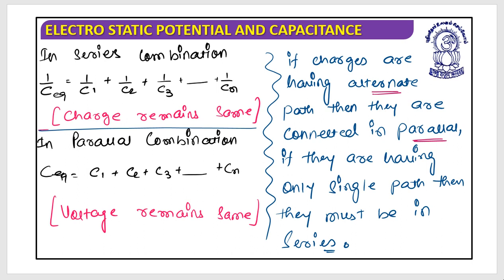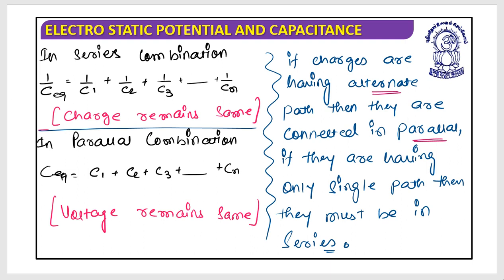If my answer is yes, then these capacitors are connected in parallel. And if my charges do not have any alternate path, it's compulsion to that charge to flow through that route. That means my capacitors are connected in series. I hope you remember this thing. Yes, this will help us.